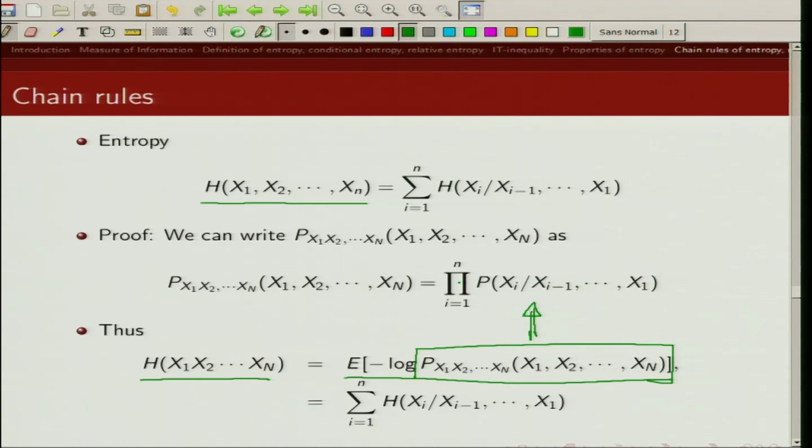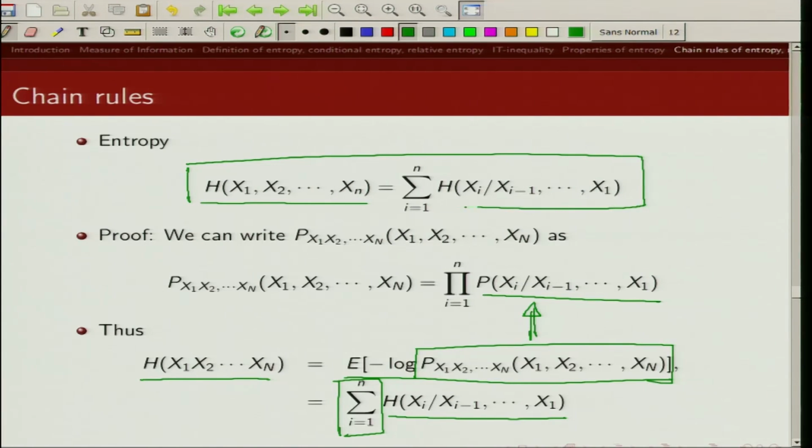So if we take log of product terms, what we will get is a summation, and what we will get then is expected value of minus log of these conditional distributions, which is nothing but conditional entropy. Hence we can write this joint entropy in terms of these conditional entropies. This is a very important result. We are going to use the chain rule repeatedly to prove different properties of entropy and other things.